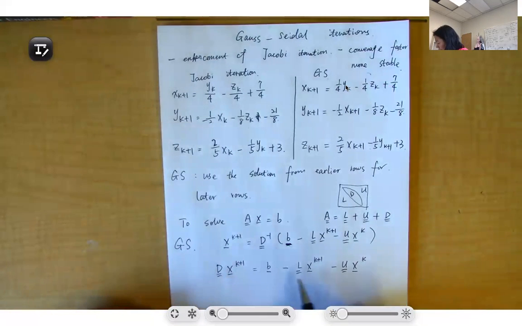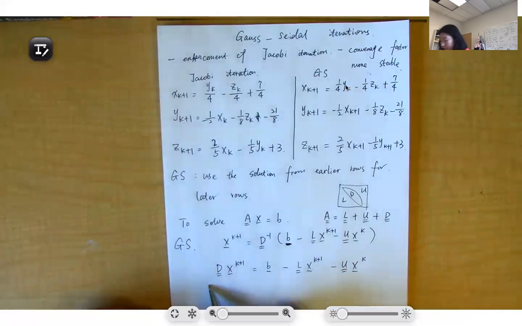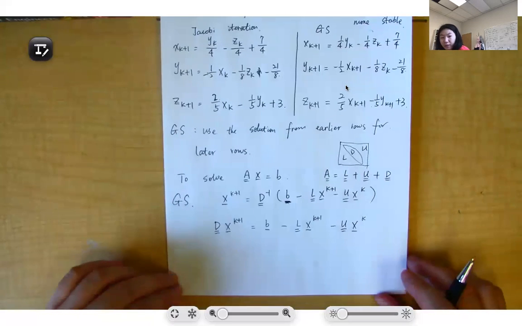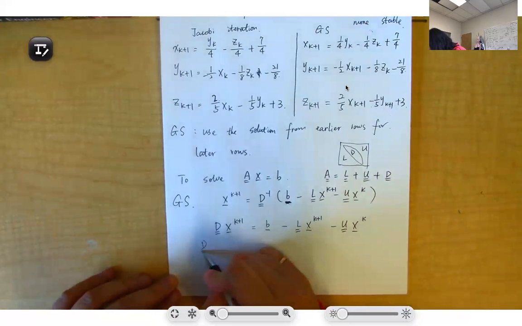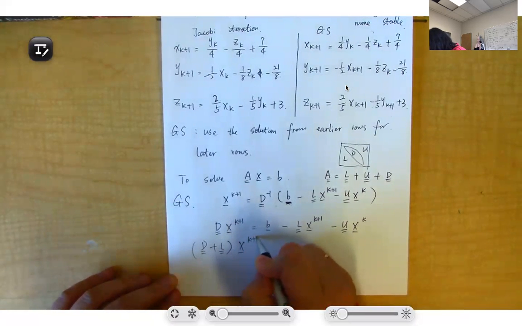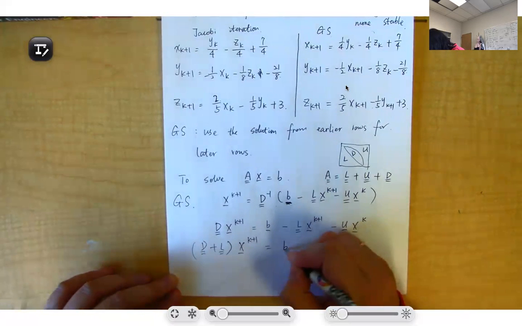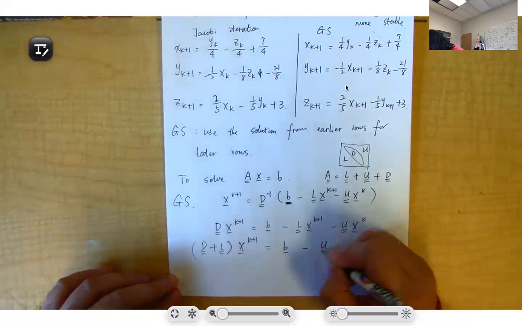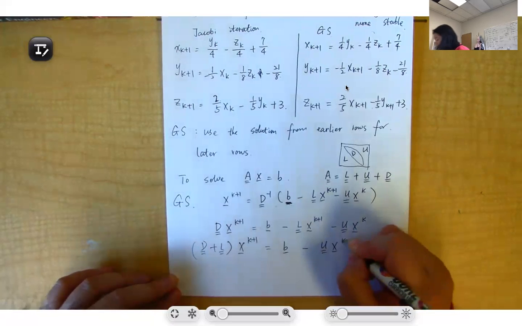So you can shift this part to the left. Then what you have is (D plus L) x_{k+1} equals B minus U x_k.